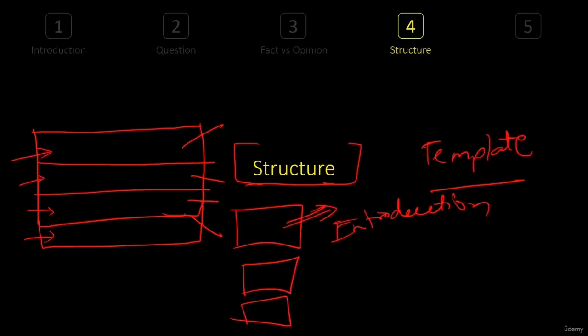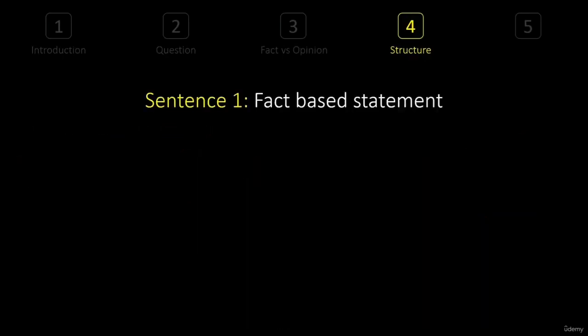Right. The first sentence of the structure of the introduction is a fact-based statement. What is a fact-based statement? I think we have seen what a fact is in a question. Based on that fact, we create a general statement.